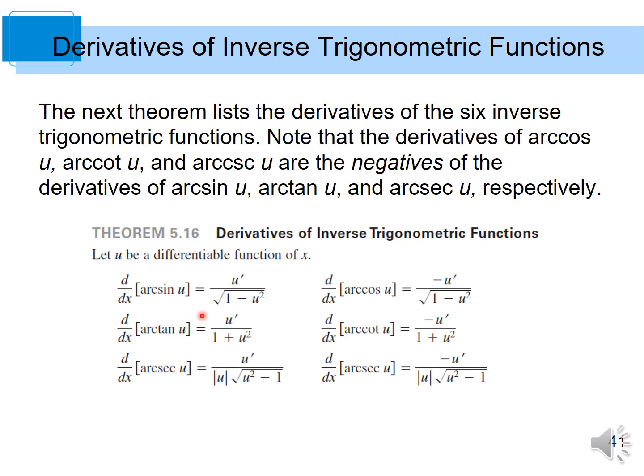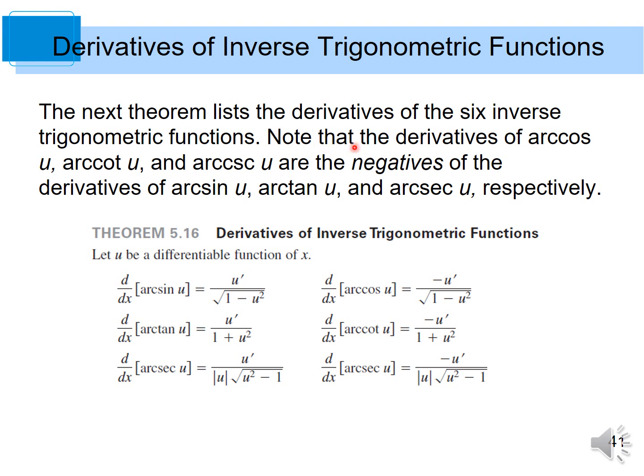So look at this one. Let u be a differentiable function of x, where u is the inner function. Differentiate arc sine u with respect to x. We have u prime over radical 1 minus u squared. And differentiate the arc cosine u with respect to x. We have negative u prime over radical 1 minus u squared.